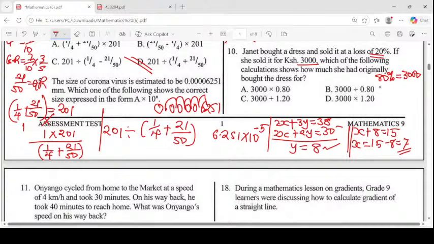What about the buying price, which was 100%? You cross multiply. This will become 100 times 3,000 divided by 80. So when you take 100 divided by 80, that is 1.25. Is it 1.25? Let me see.